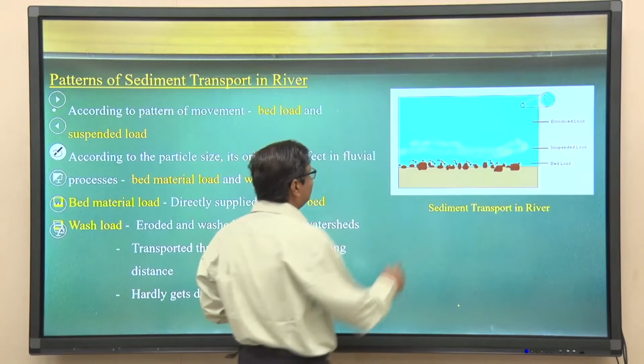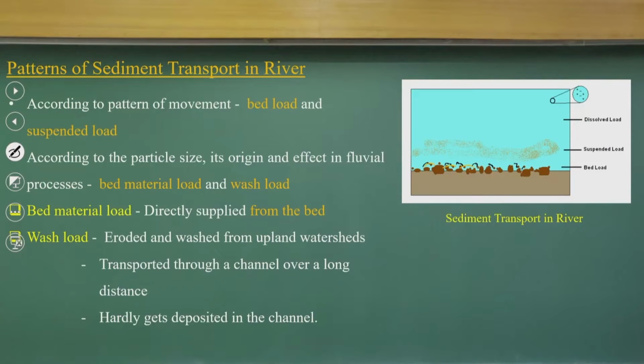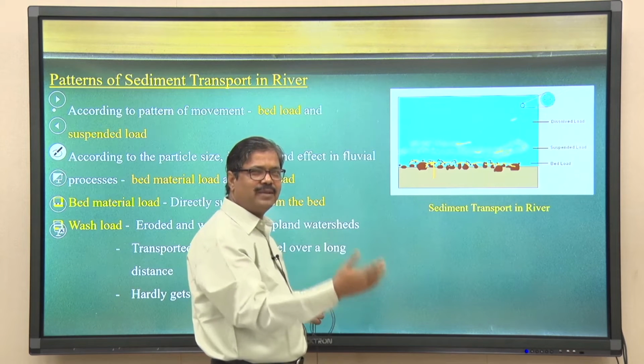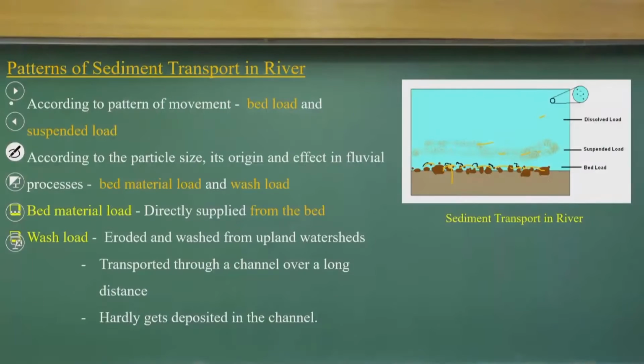You can understand that bed loads are happening here, and there is a bloom of suspended load and some dissolved load. That is the basic mechanism. The process goes from bed material to bed load, which is a very thin layer along the bed, with a thickness that will be lesser than the 3D values.